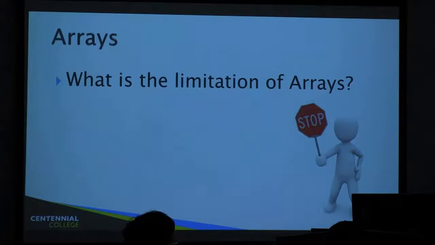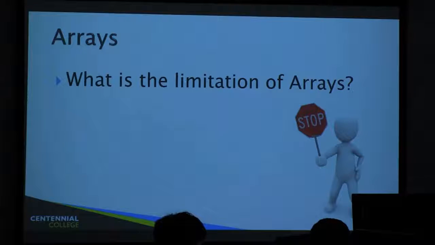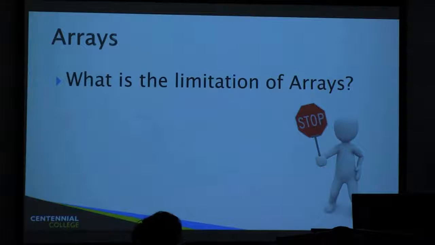Okay, so as you have mentioned, we have dealt with arrays before. But there is one limitation about arrays that is one of the advantages of dealing with the modern types of collections that we're going to be talking about today. Think about arrays: who can tell me what is one very basic limitation of arrays?